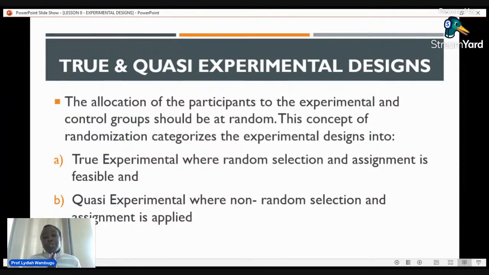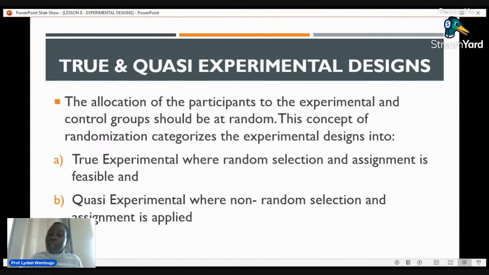We have 2 types of experiment. Actually, there are 3, but the main ones that we normally talk about are the true and quasi. What differentiates the 2? The true one is normally mainly done by people who are in natural science. For them, they are able to randomly select and randomly assign.